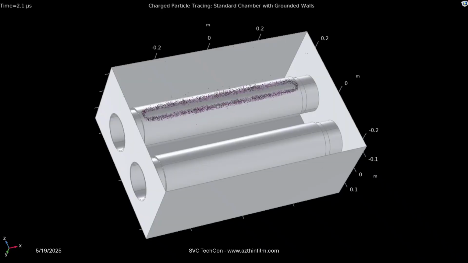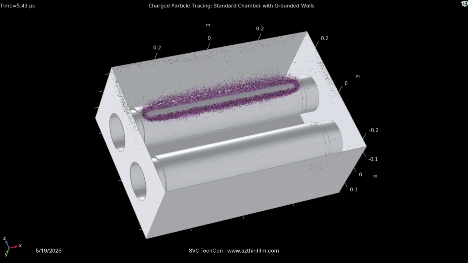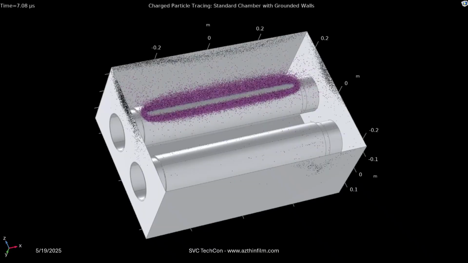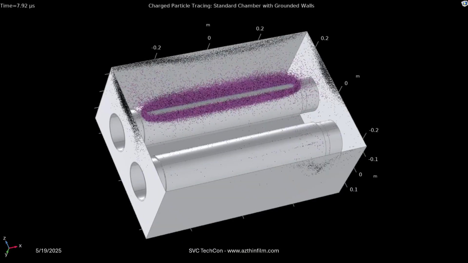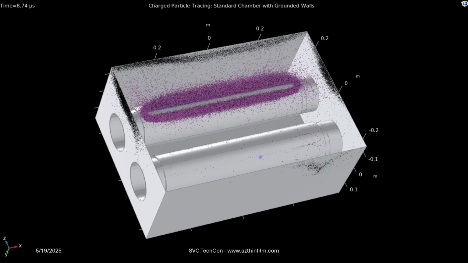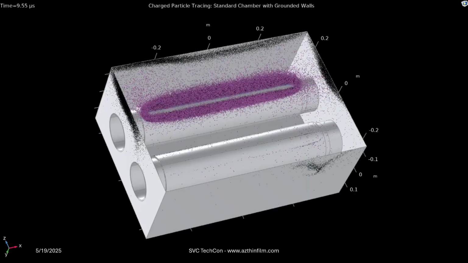So in this simulation, I've inserted electrons, which are the black dots, and they are moving around the racetrack in the direction of the Lorentz forces and hitting the background gas, which is at about 3 millitorr, and are creating ions, which are the purple. And in the simulation, the electrons are moving all around.